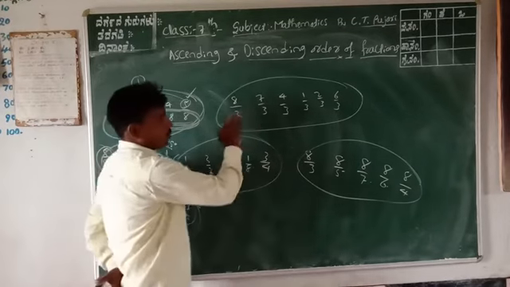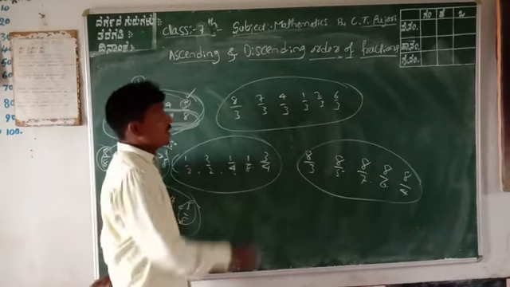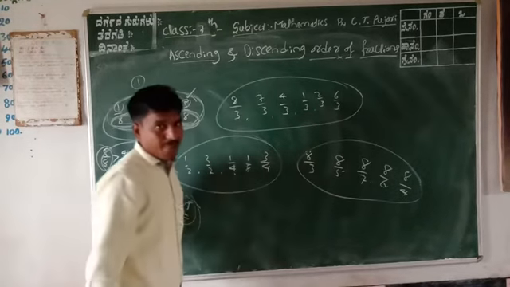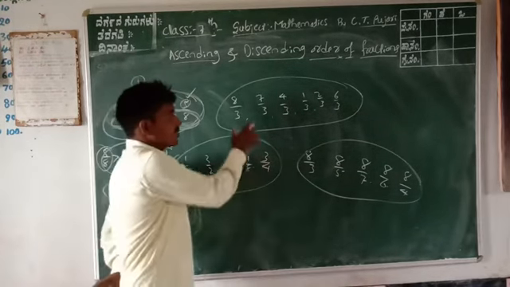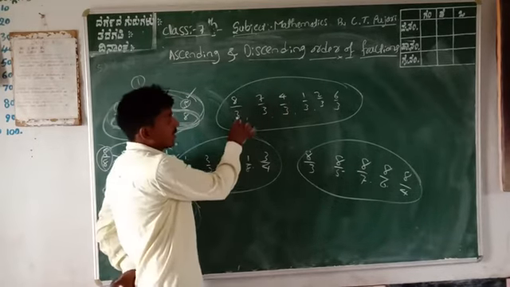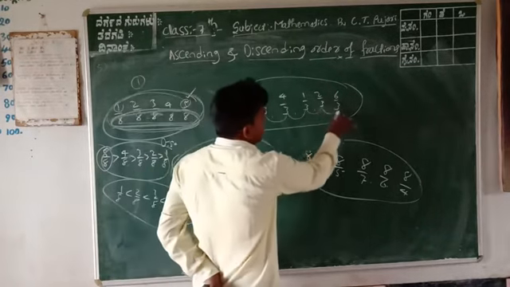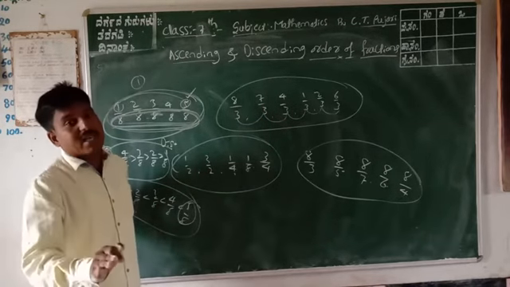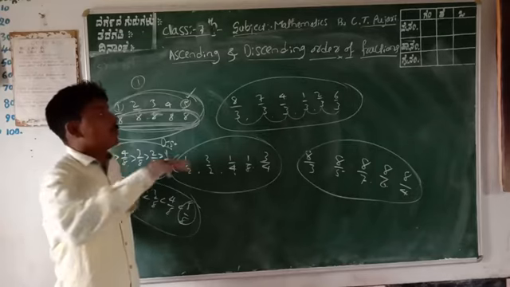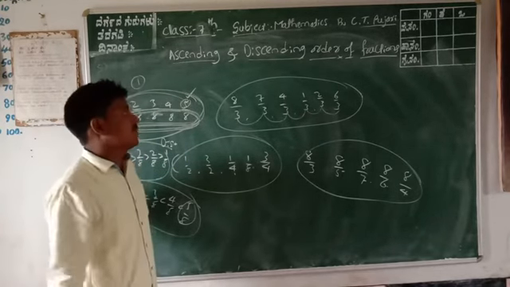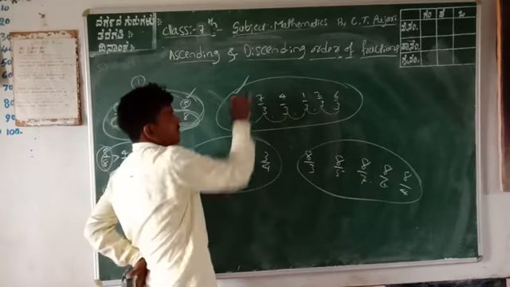Now the second group also. In this group, how many fractions are there? 6 fractions are here. In these 6 fractions, first of all check yourself: the denominators are all the same, it is 3. When all denominators are the same, you can compare only the numerators. Which numerator is bigger, that is the bigger number. This is the biggest number.